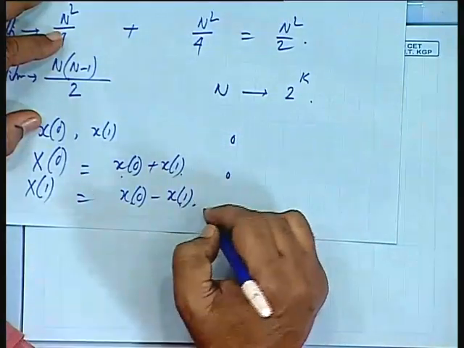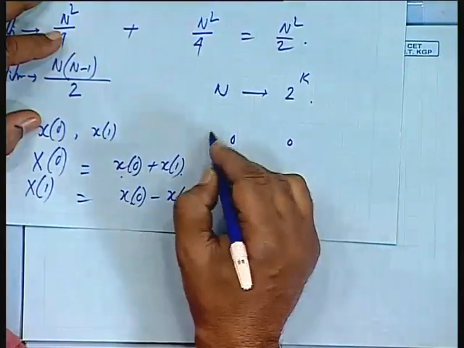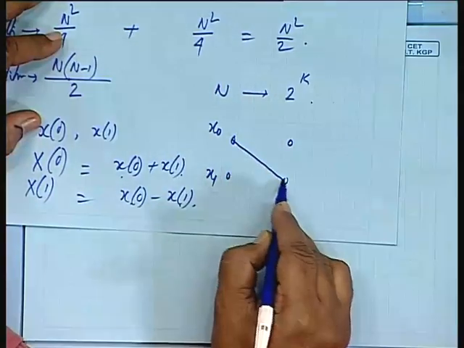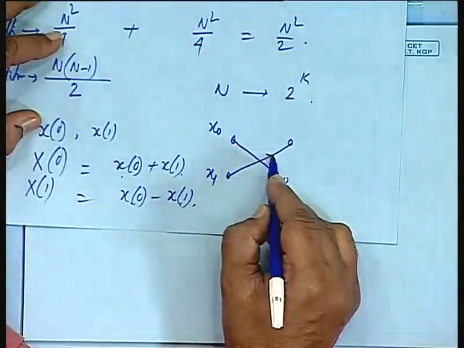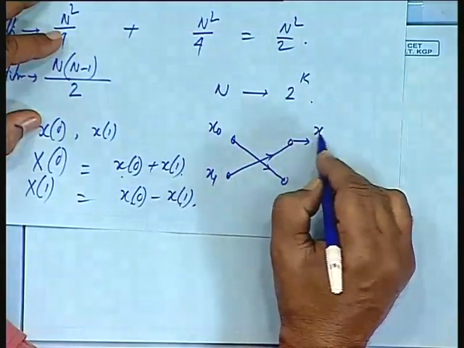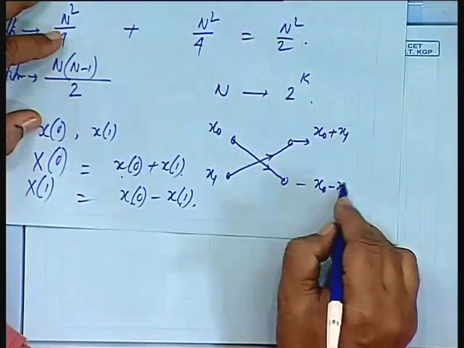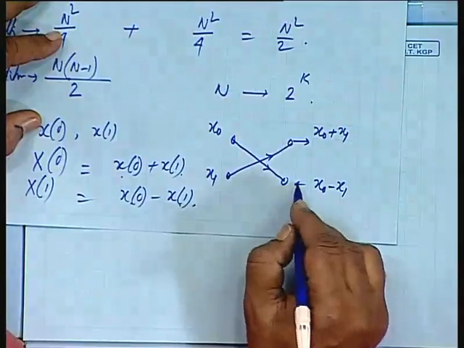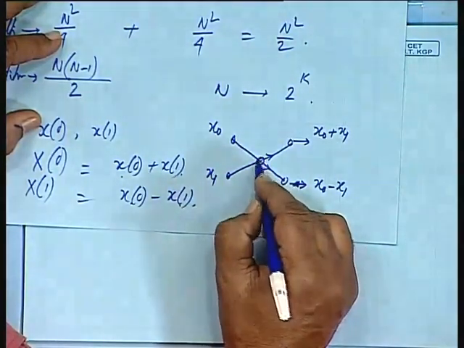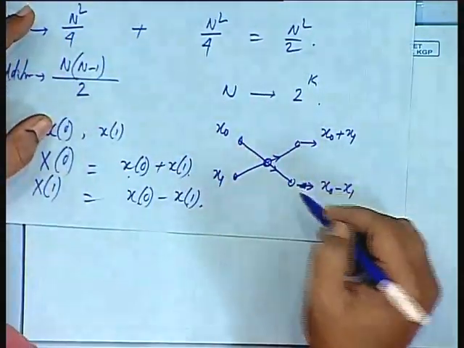So, we will start from this bottom end, we call it simple butterfly. If I have x0 and x1 as the input, the upper one will take X0 plus X1, the lower one will take X0 minus X1. Okay. So, this is a butterfly structure where addition and subtraction will result at the output stage.